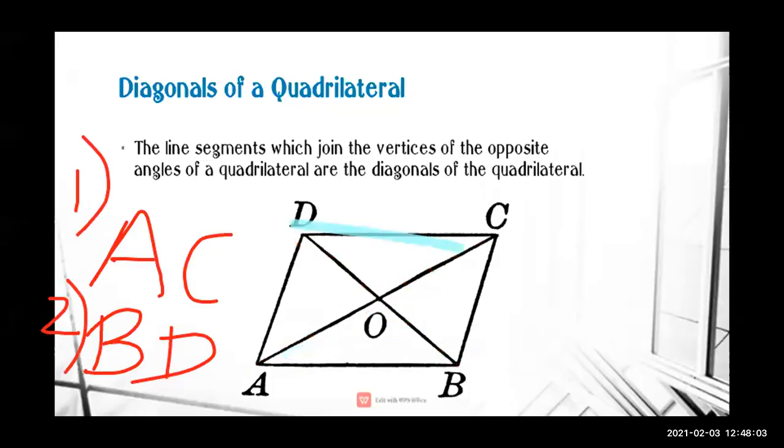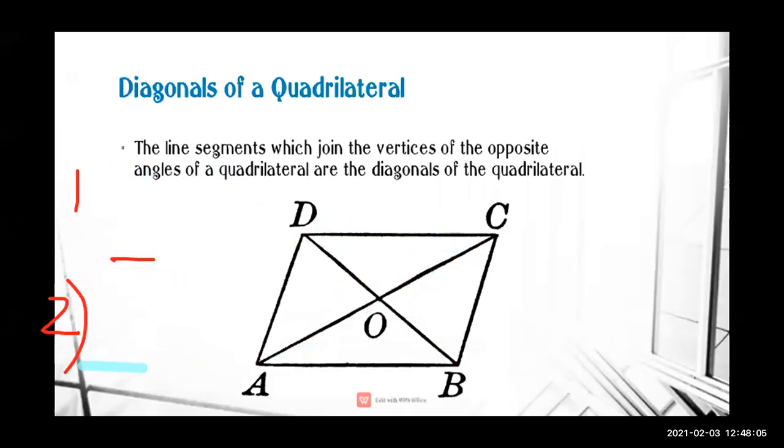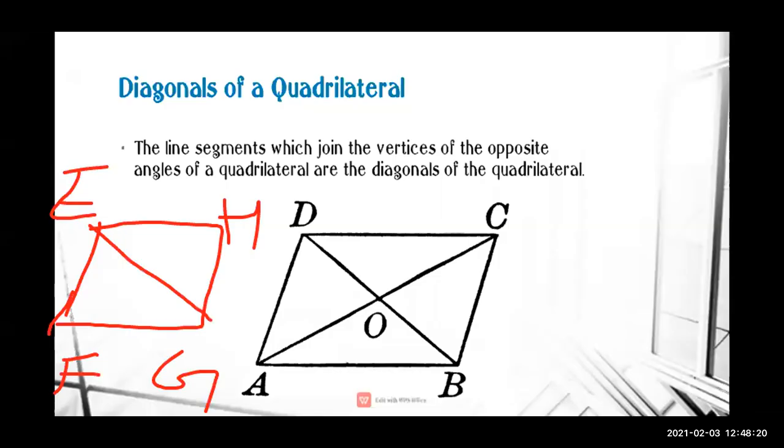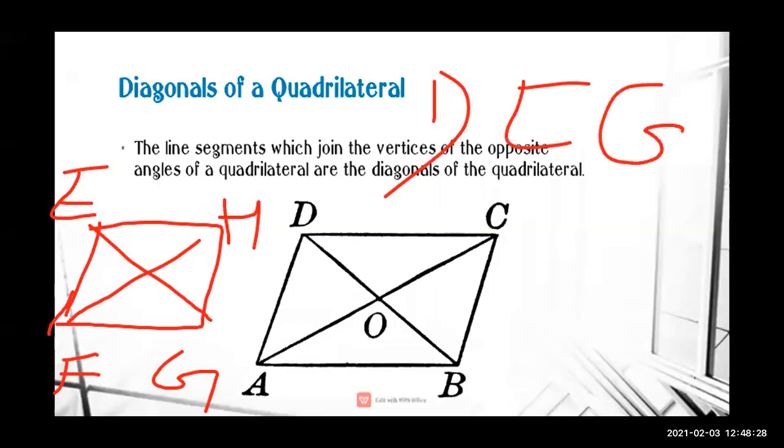Now I will draw another diagram and you tell me what the diagonals are over here. Okay. What is our first diagonal? Very good. Our first diagonal is EG.